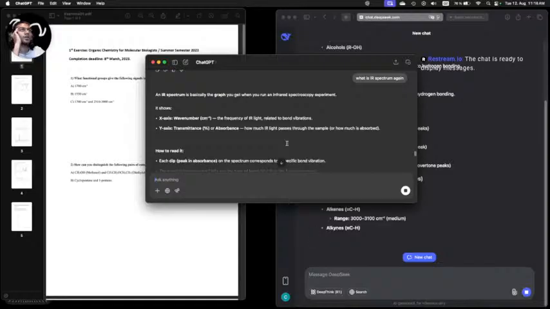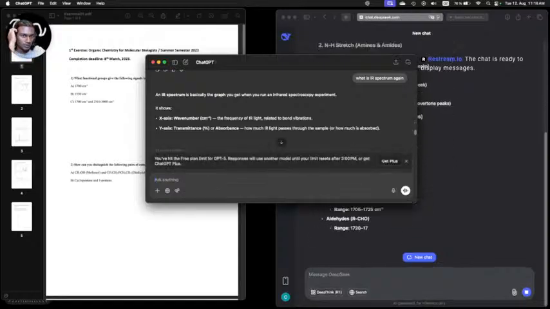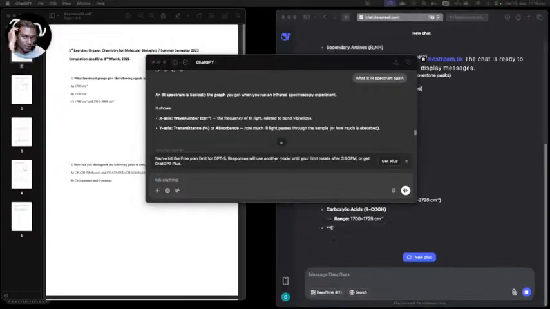Infrared spectroscopy. Okay, that's what IR spectrum is. Infrared spectroscopy. I got it.